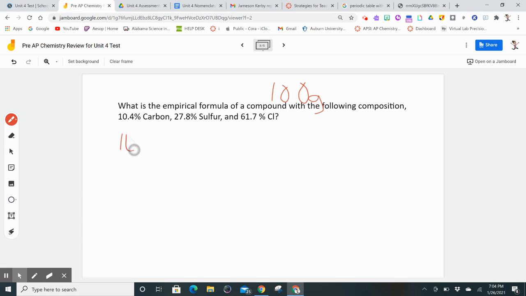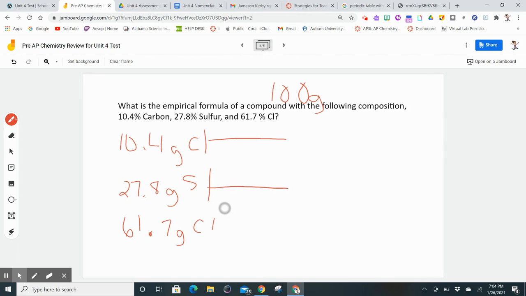So we would have 10.4 grams of carbon, 27.8 grams of sulfur, and 61.7 grams of chlorine.